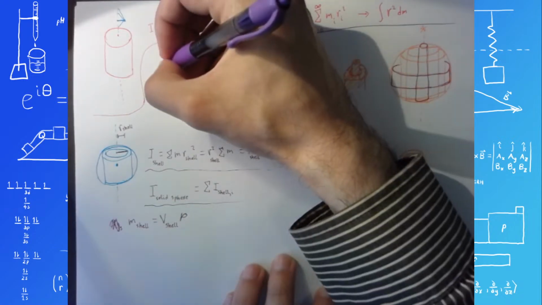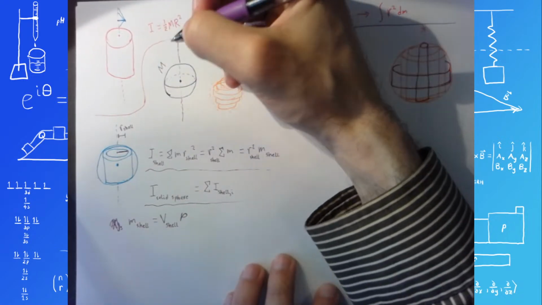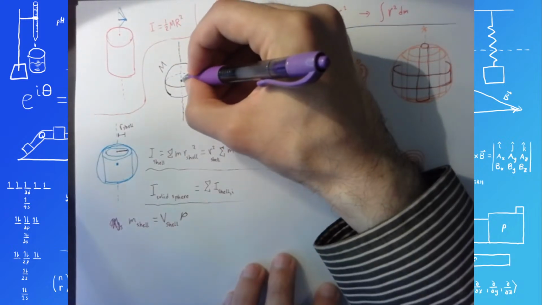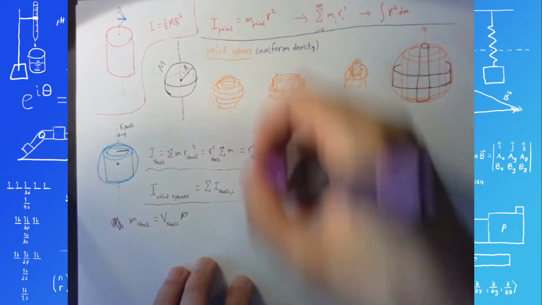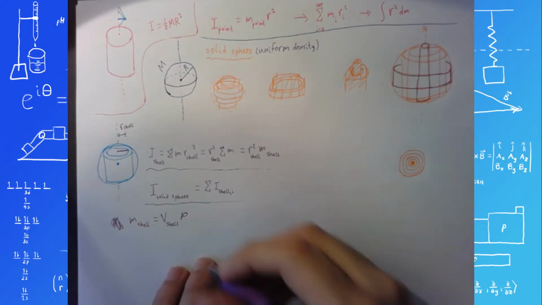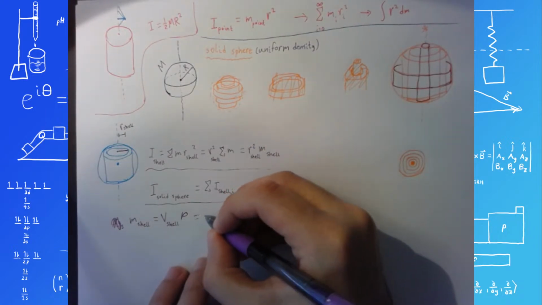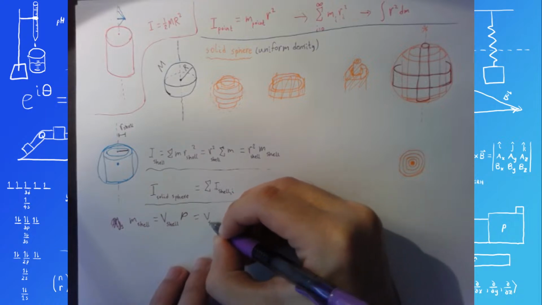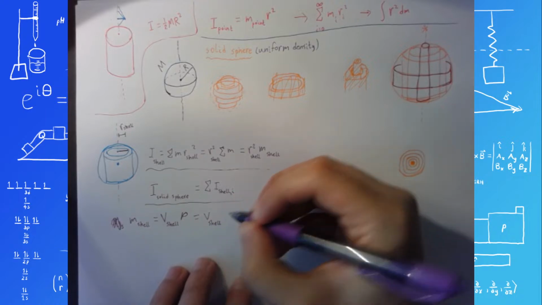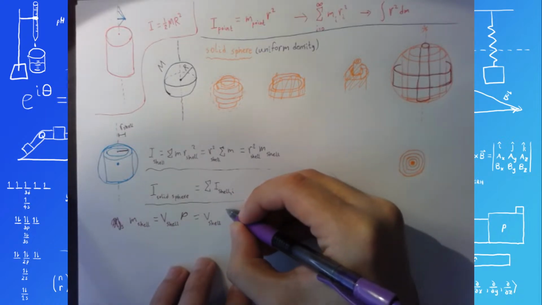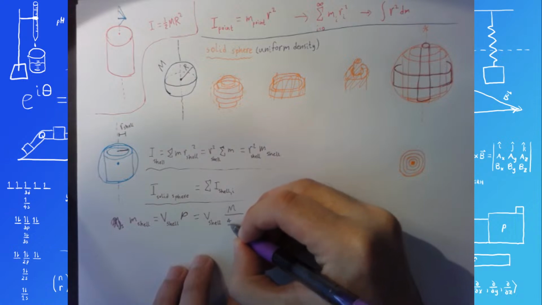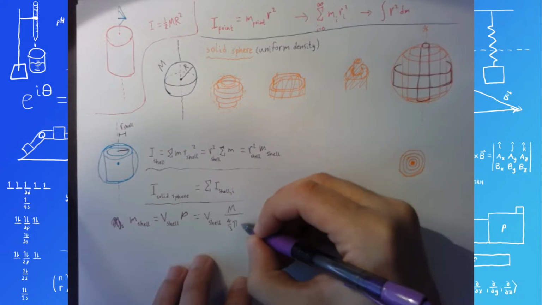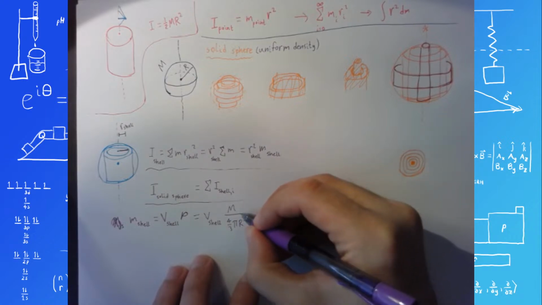And this sphere, I'm going to define its total mass as being capital M, and its radius, I'm going to define as capital R. So we can just use the volume formula for a sphere there. So volume of a shell multiplied by total mass over total volume, 4/3 pi R cubed.